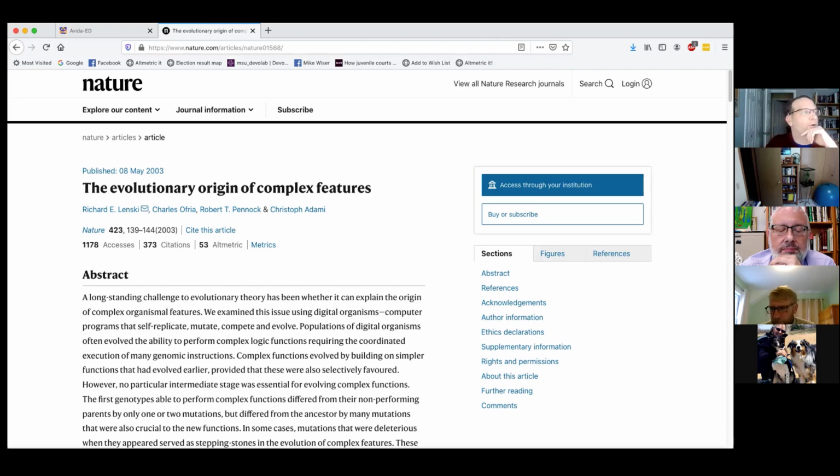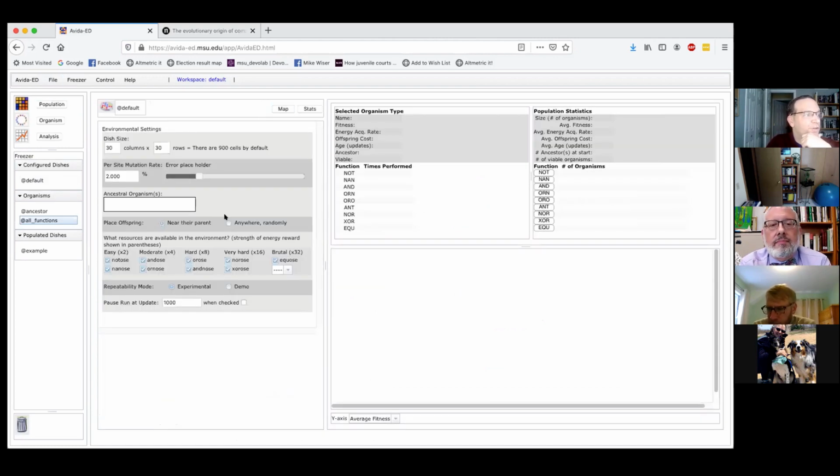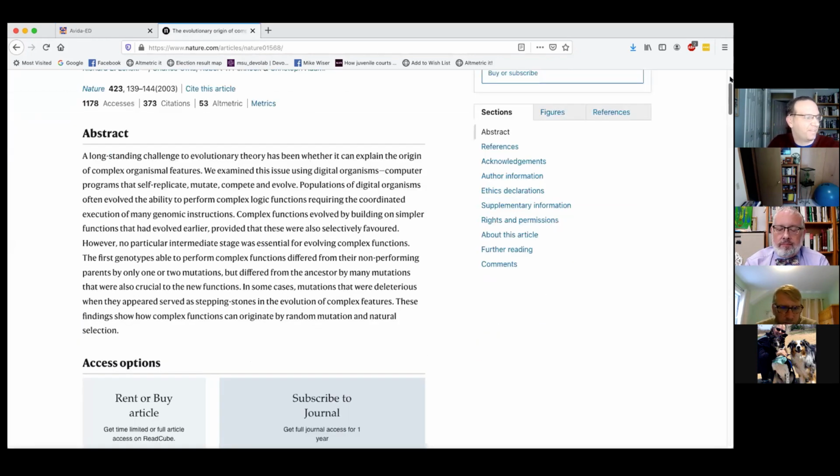If you go into your environment and you set things up, you can choose whether you're rewarding all of the tasks or only some of them. In this paper, they compared a bunch of runs where only the most difficult task was rewarded, and a bunch of runs where they included the simpler tasks as well. They looked to see how many of the runs got an organism out to having these really complicated tasks at the end.